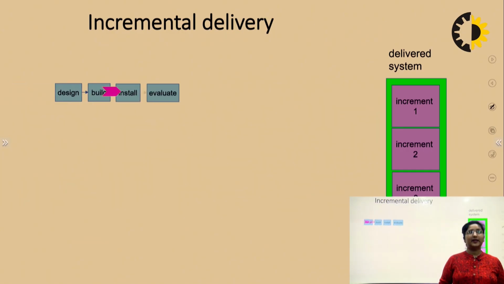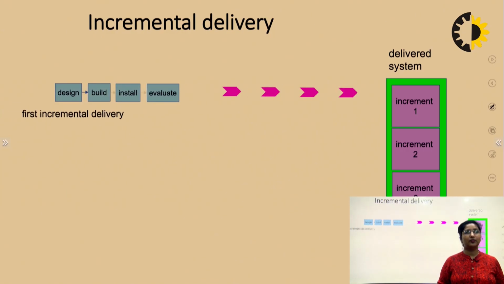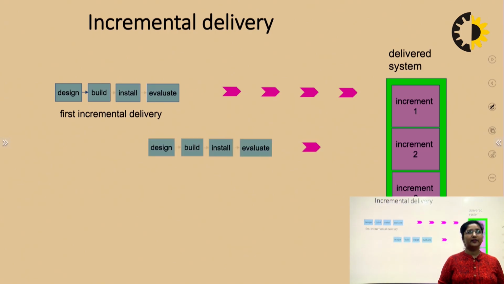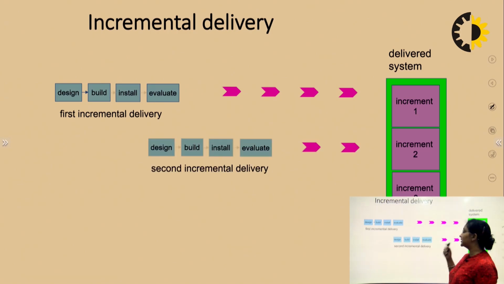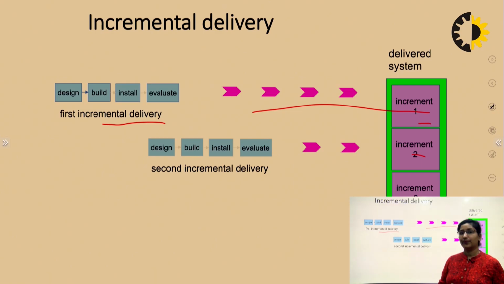Next is the incremental delivery. Like we can see over here, for the incremental delivery, we have this ladder delivery system. We have increment 1, 2 and 3 over here. For the first incremental delivery, the stages will be design, build, install and evaluate. This one module is developed and the first incremental delivery goes to increment number 1.